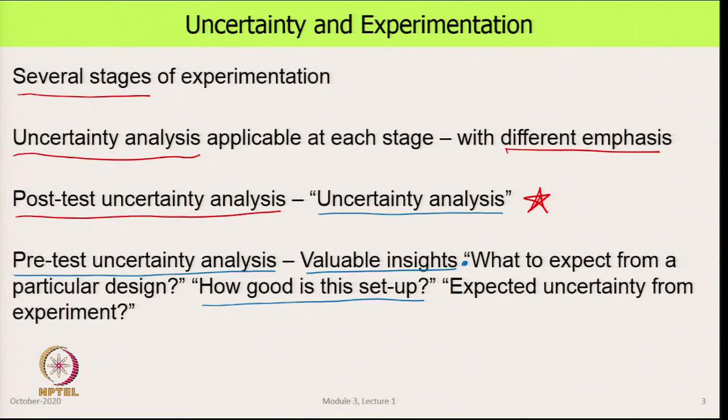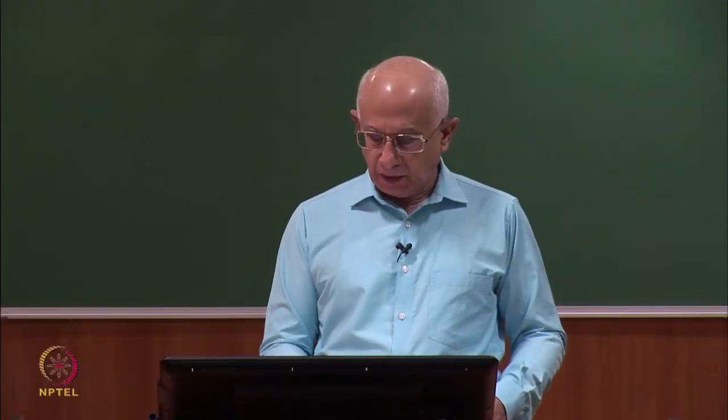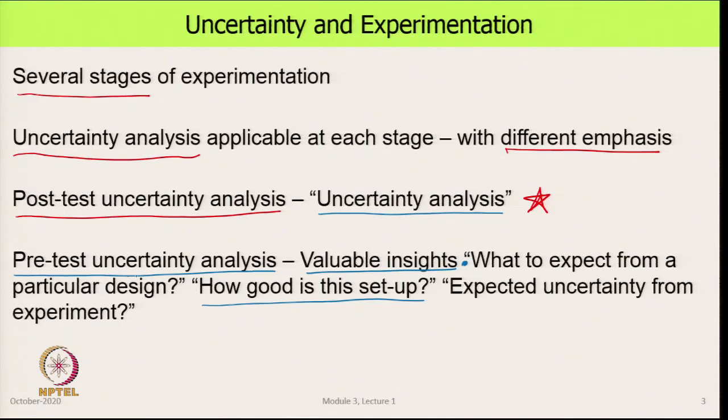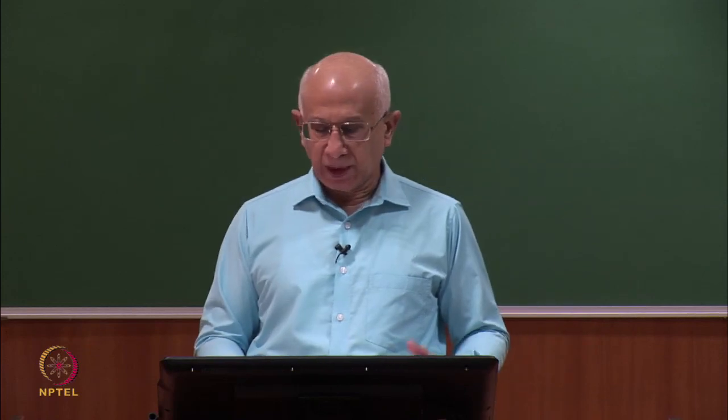Does it serve the purpose that the experimenter wants? And the answer to that will come quite nicely from a pre-test uncertainty analysis. If at this stage we say that this setup does not meet my uncertainty requirements, we do not even need to do an experiment. We say can't do it, let us go away, try something else.